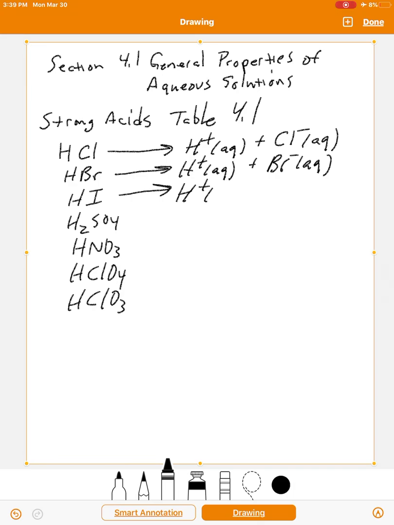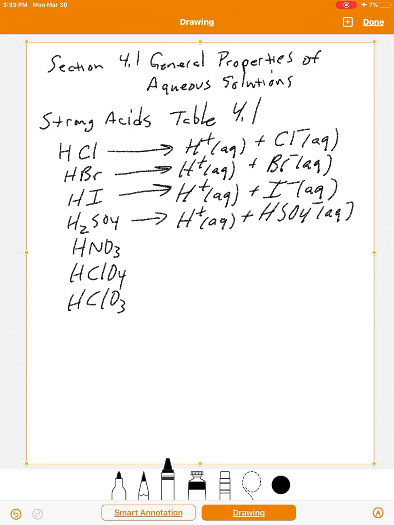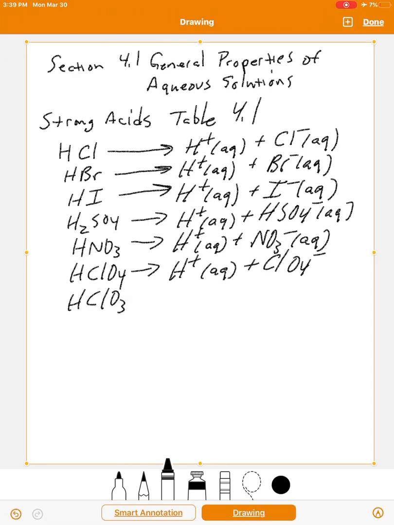And so I'm showing you what ions they break up into on this slide. This one's a little different. It forms H plus and HSO4 minus. H plus and NO3 minus. This is called nitric acid. H plus. This is called perchloric acid.